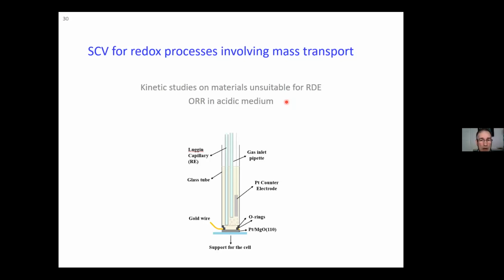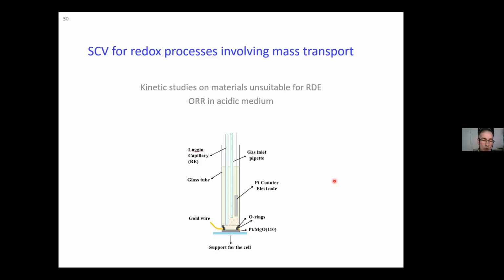So the idea is to use sample current voltammetry as an alternative to either the rotating disc electrode or a microelectrode, and perform experiments which will produce pseudo steady-state voltammograms. So this is the sort of cell that Sibel was using to perform sample current voltammetry on thin films, platinum 4s and platinum single crystals.